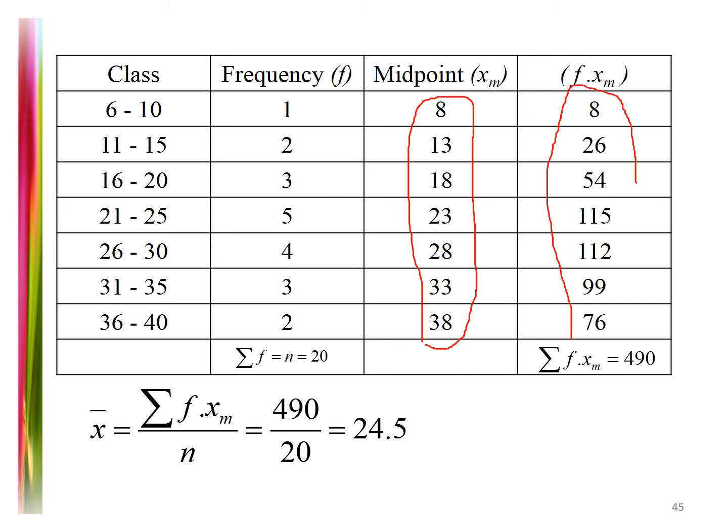So you have to create the fourth column. The summation of this column is our numerator term, and the total frequency is equal to 20. So x bar is 490 divided by 20, which is equal to 24.5.